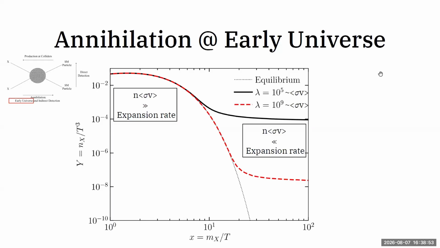They have lower number density. If interaction rate is low, they decouple quite earlier and they have higher number density. That's one way that you can estimate the dark matter number density or the energy density in the thermally produced dark matter. This is a calculation first done by Lee and Weinberg.